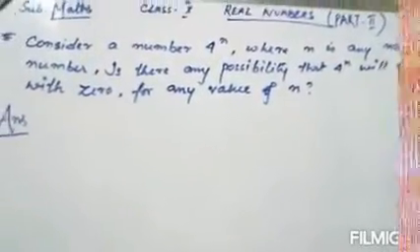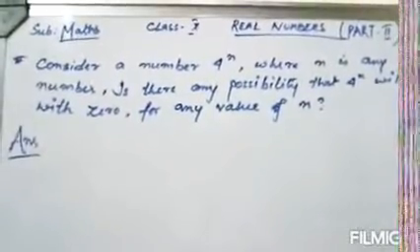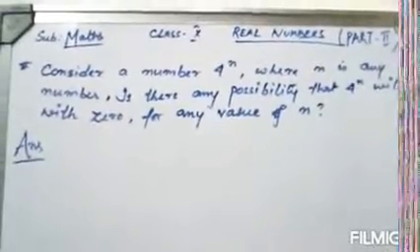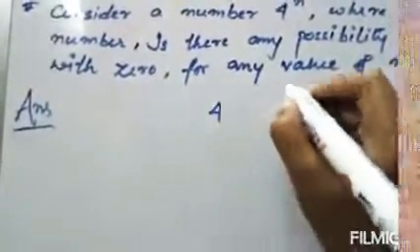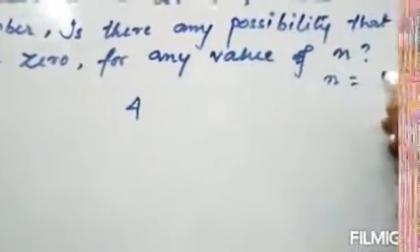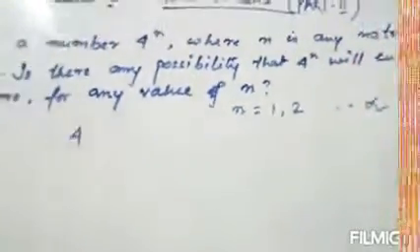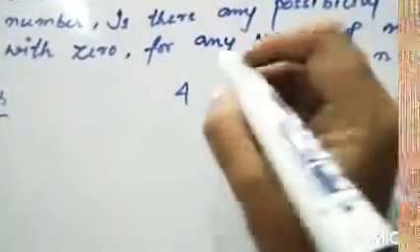Suppose n is equal to 1, what will it be? It will be 4. Suppose n can be anything starting from 1 to infinity, as it is a natural number.